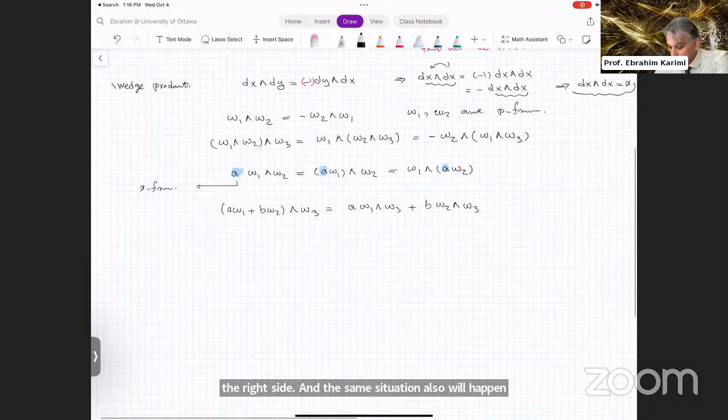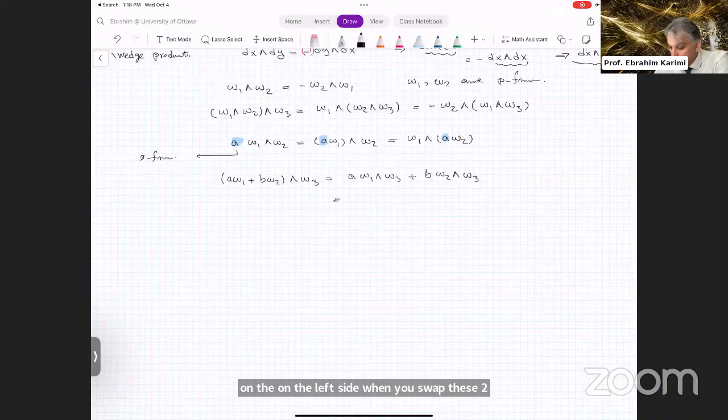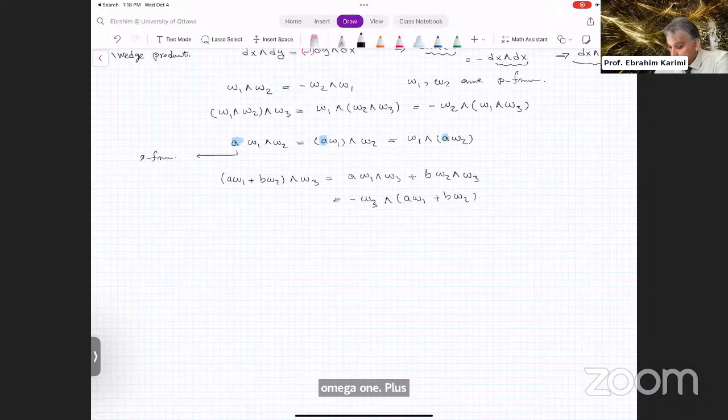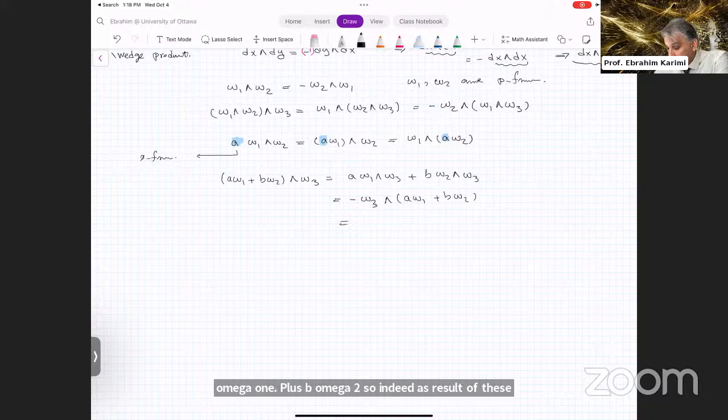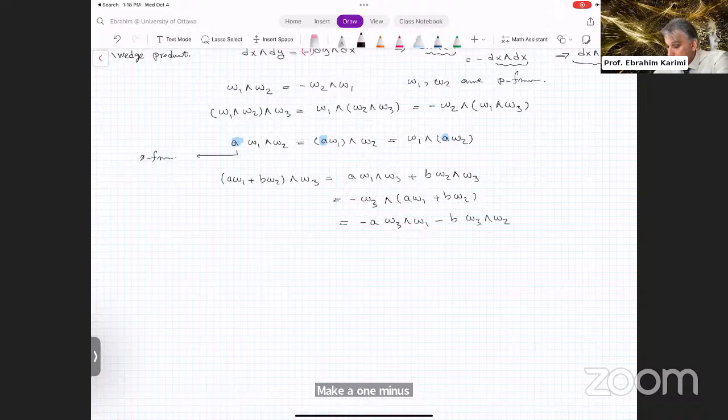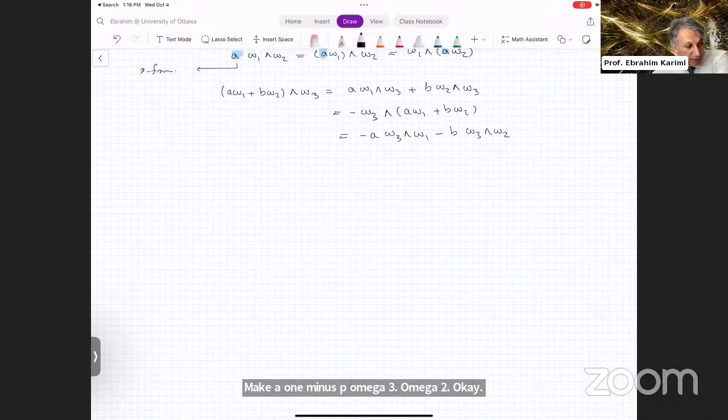When you swap these two together, indeed you will get minus omega-3 wedge product of a omega-1 plus b omega-2. So the result will be identical: minus a omega-3 omega-1 minus b omega-3 omega-2. Okay, so that's the expansion on the right side. On the left side also the same situation.